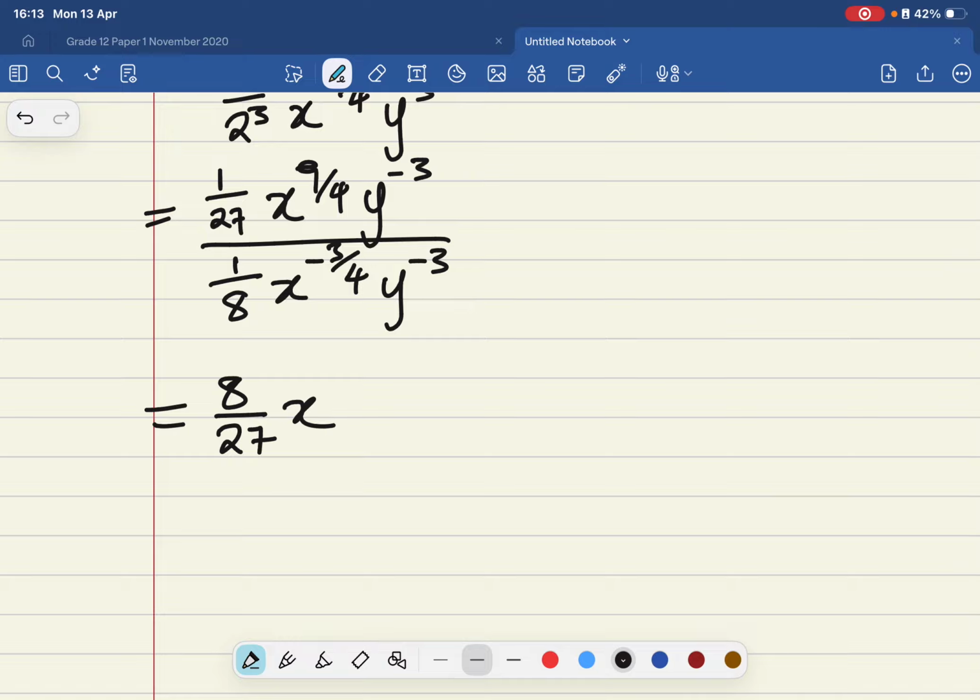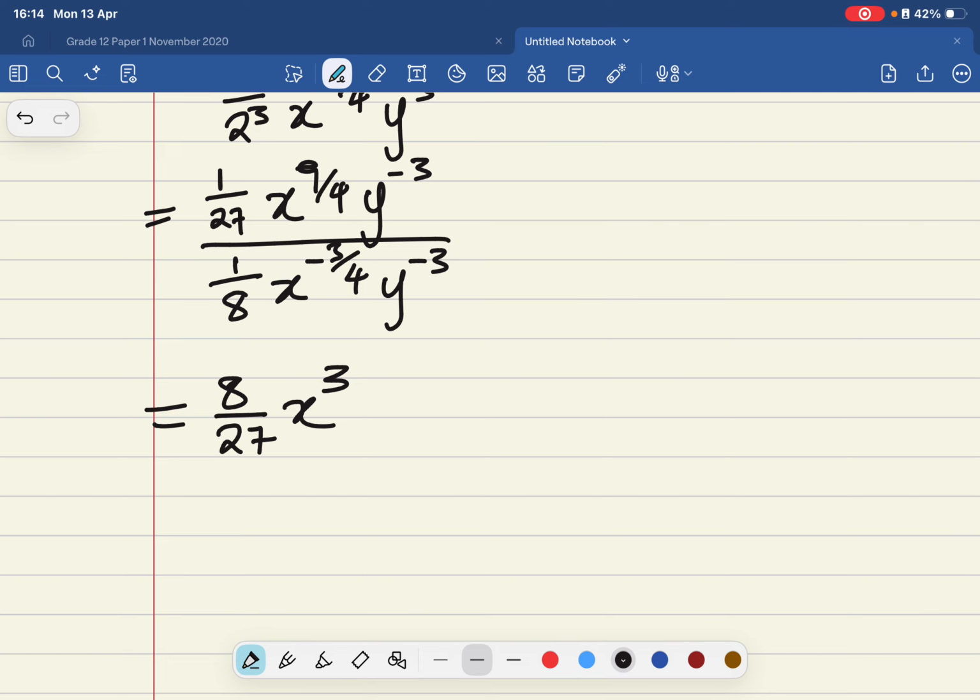Let's keep the base, x. When we keep the base and we subtract, 9 over 4 minus negative 3 over 4. The answer is 3.